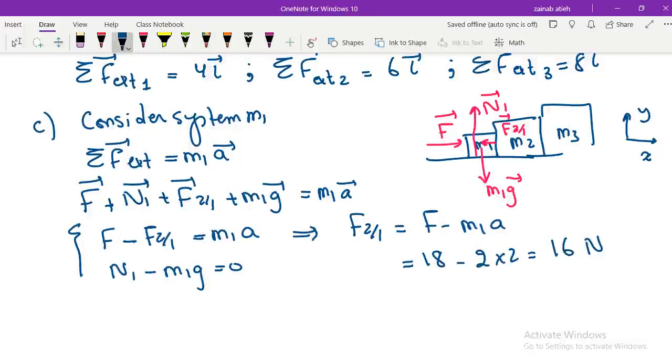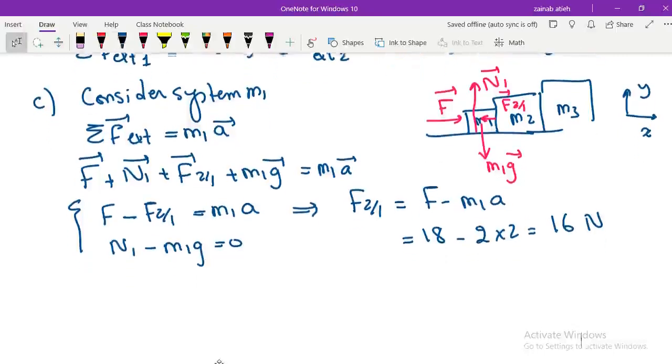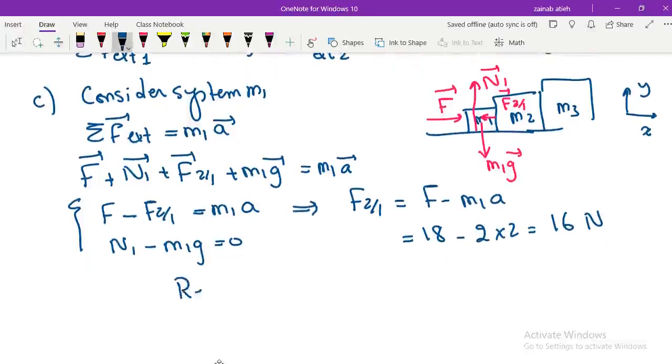This is F2 on 1, and remember that F2 on 1 is equal to F1 on 2, same magnitude, opposite directions, according to Newton's third law. Now let's do the same to find the force exerted by 2 on 3, or the force exerted by 3 on 2.